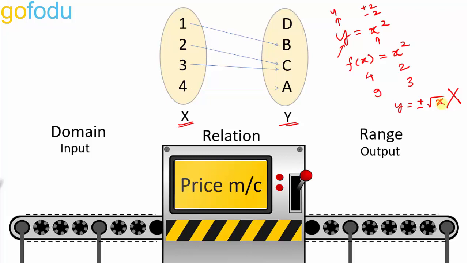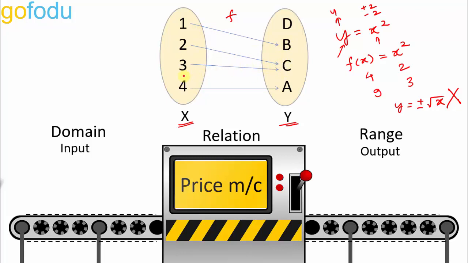Now a function can also be represented like this. We have a set x and a set y, and there are arrows from set x to set y, mapping the elements from set x to set y. Here we can say f of 1 is b, f of 2 is c, f of 3 is again c.